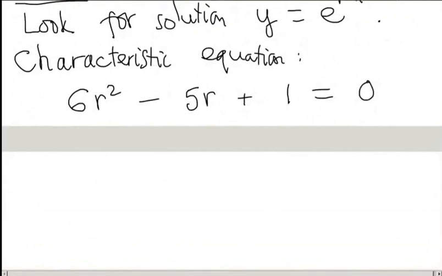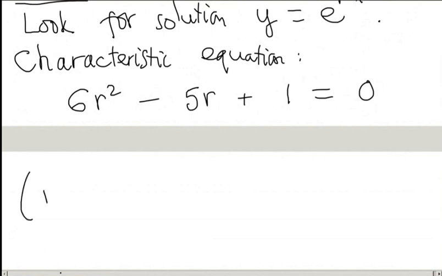Again, to solve this, you can use the quadratic formula or try to factor. Now, if you try to factor and you cannot do that after, say, a minute or two, then you should use the quadratic formula. And maybe to remind you of the quadratic formula, let me do this here.